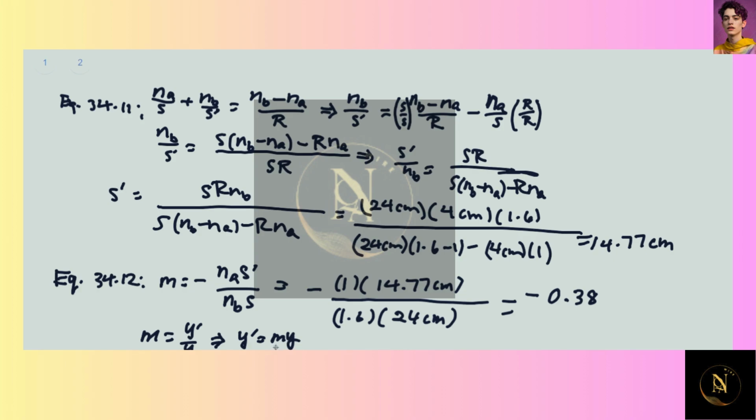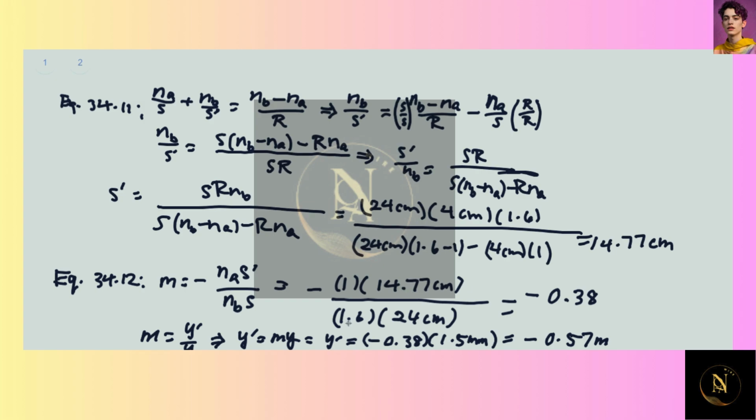So we just now found m, and we're given y, so y prime is equal to minus 0.38 times 1.5 millimeters, and this gives us minus 0.57 millimeters.